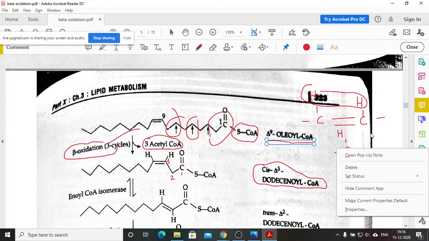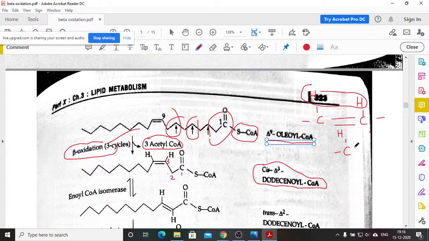So the trans molecule goes in this fashion. So this is a trans configuration. When it is cis, it is in this configuration.